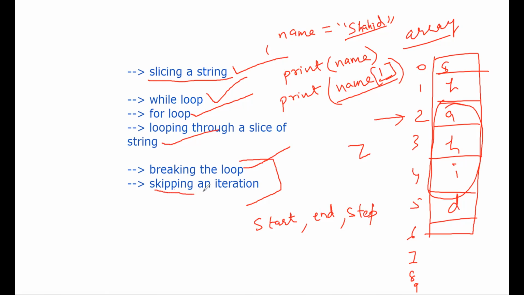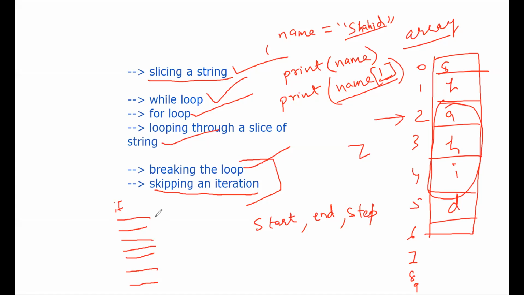Then there is skipping an iteration. Suppose inside the loop, while or for loop, you have 10 lines of code. But in each iteration, you have a check. Let's say you're iterating through a string, reading each character one at a time. If that character happens to be a vowel, you don't want to do anything with it.